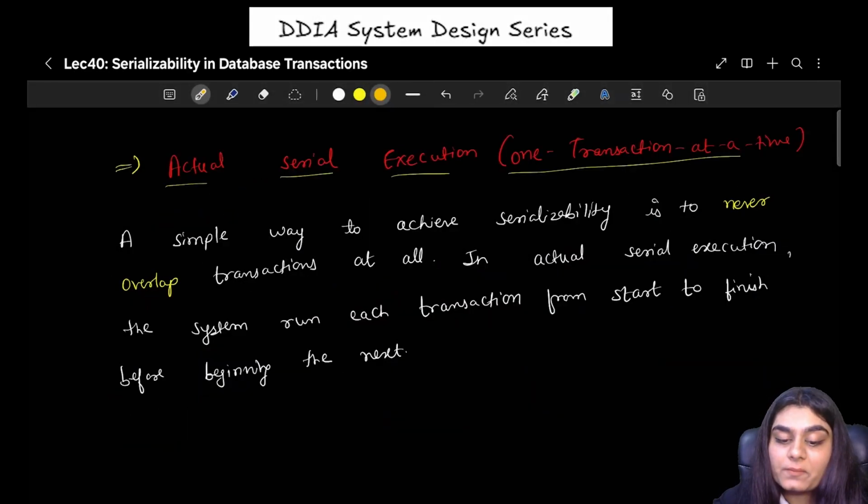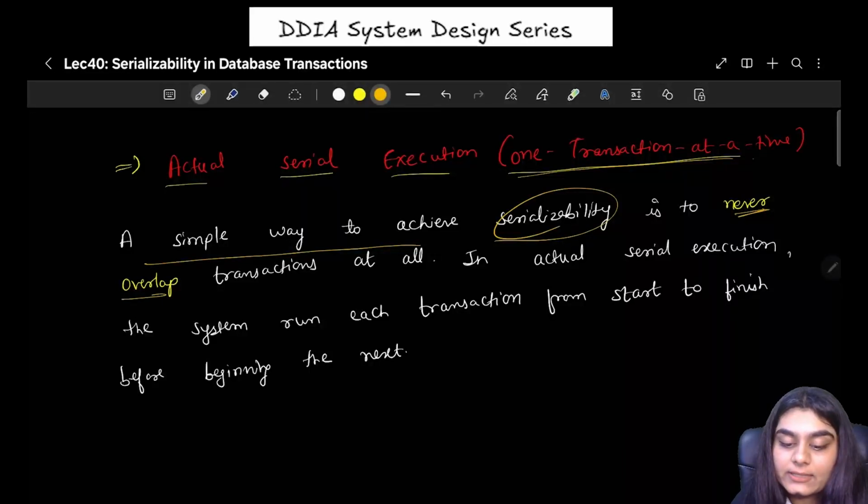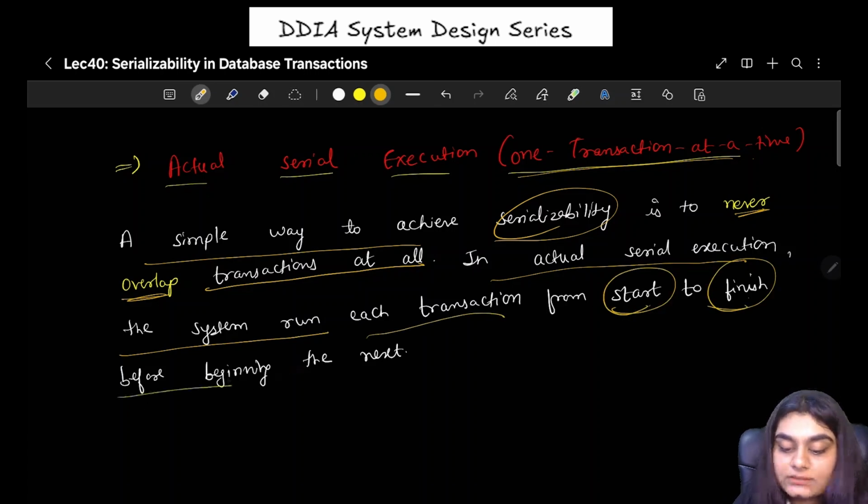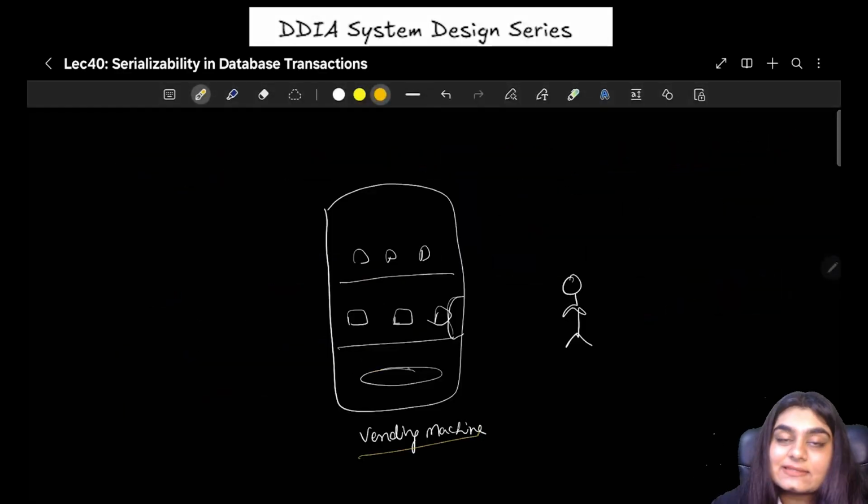Okay, so now let's talk about actual serial execution, that is, one transaction at a time. A simple way to achieve serializability is to never overlap transactions at all. In actual serial execution, the system runs each transaction from start to finish before beginning the next one. To understand that, let's take this example.